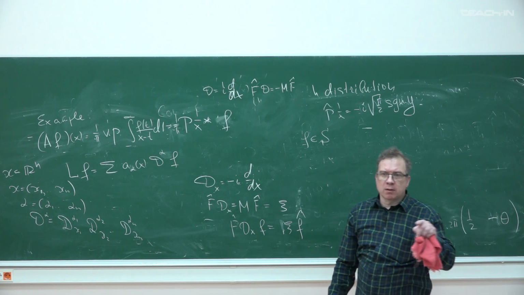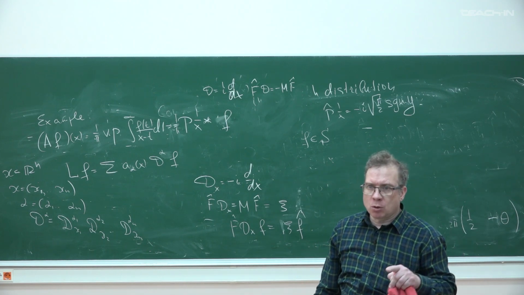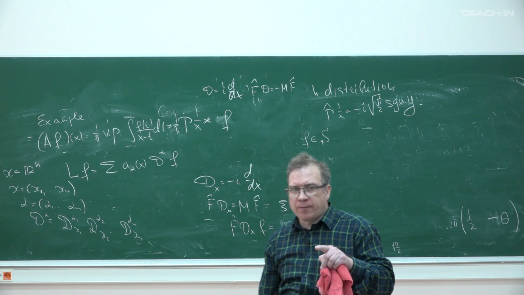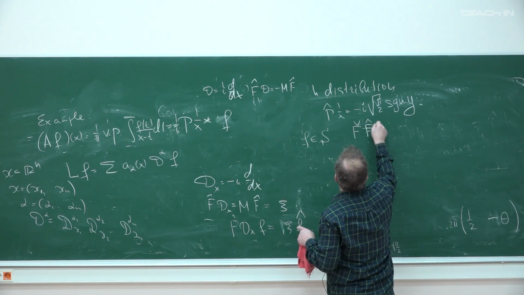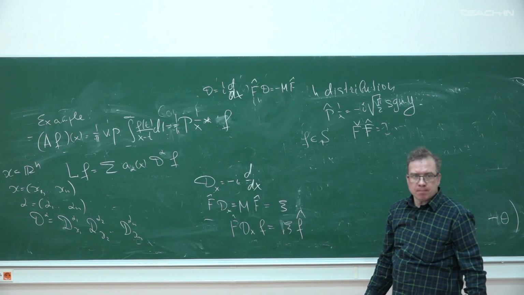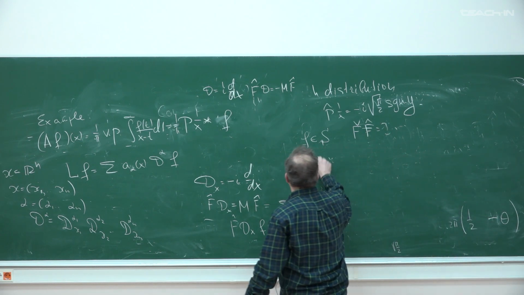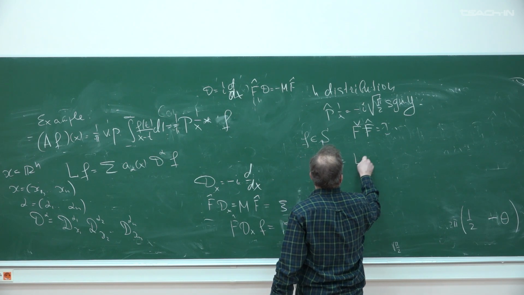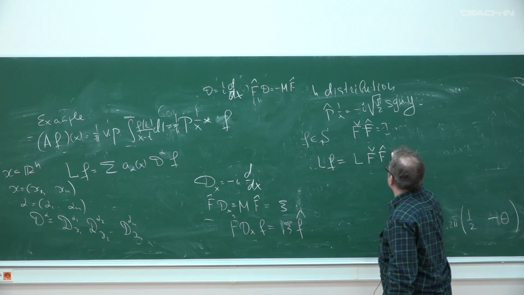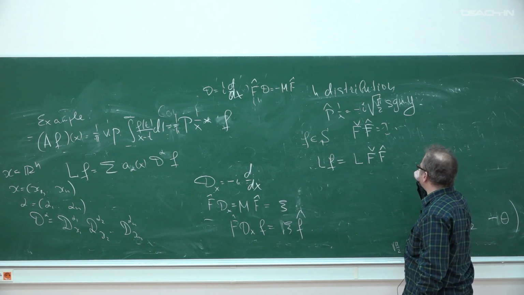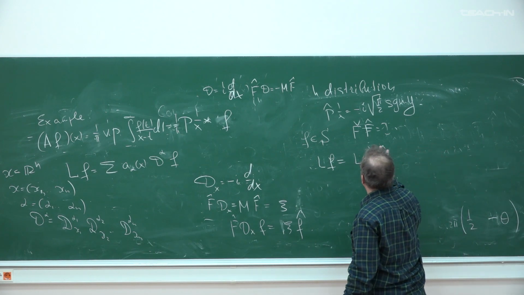You know that in this situation, we have the property that this is the identity operator. Let's write this operator in this form.